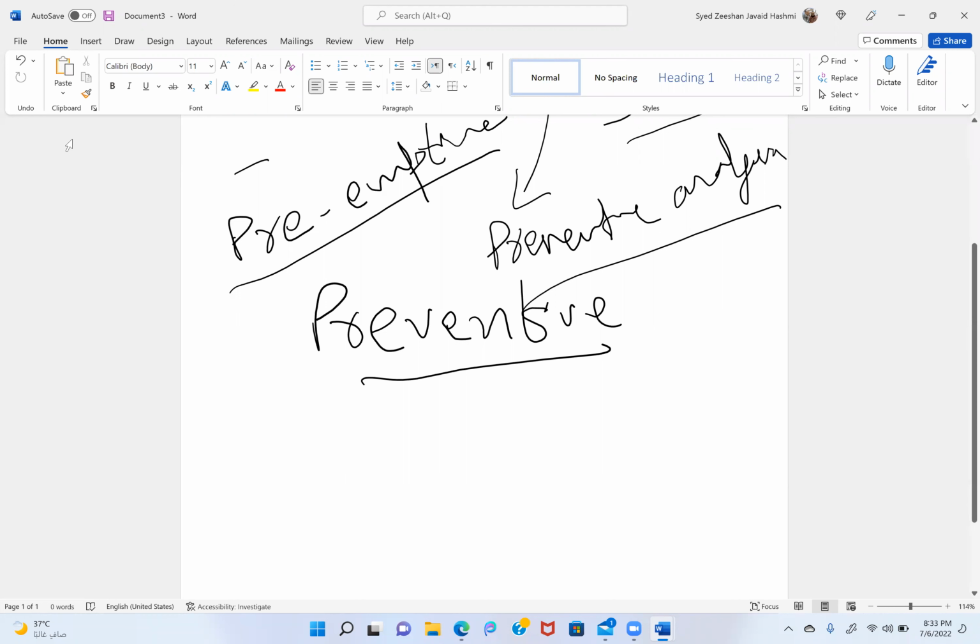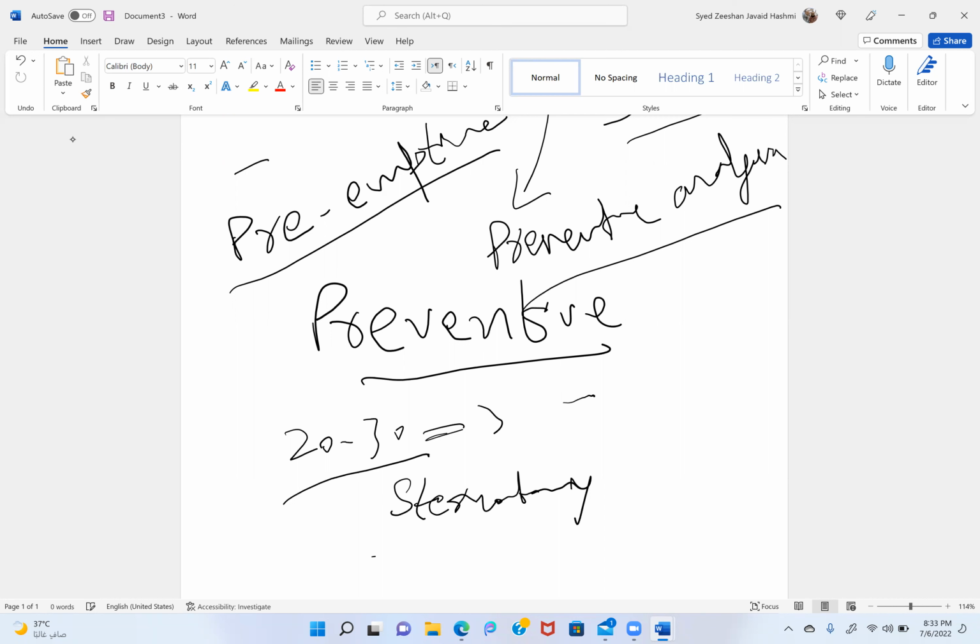Okay, and preventive is that, for example, you know the fentanyl effect lasts up to 20 to 30 minutes, so you have to give it before the effects finish. This is one thing. Another thing is if there is any critical step, for example in CABG, at the time of sternotomy, which is an extremely painful procedure.